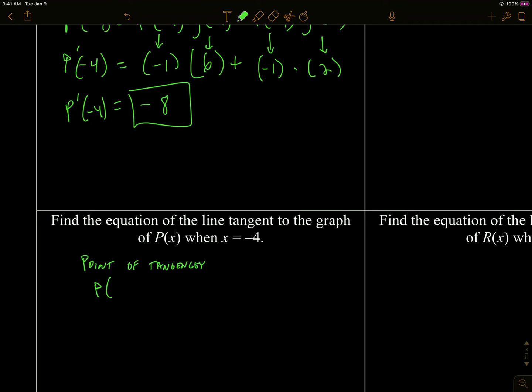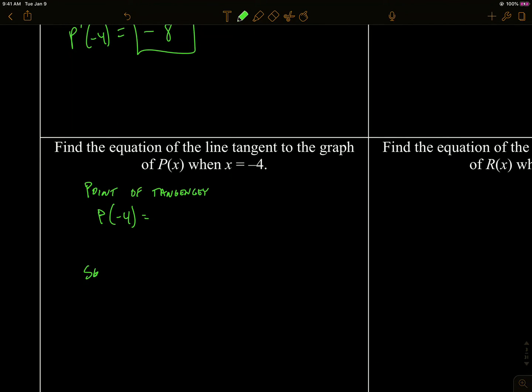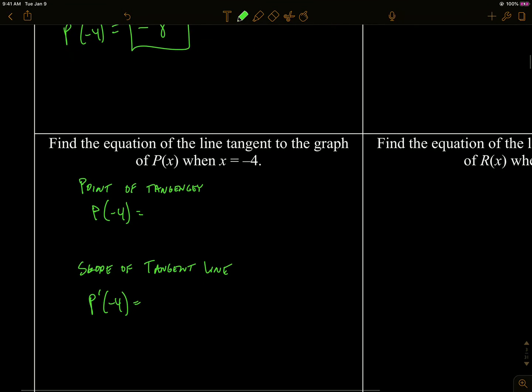And we get that by plugging negative 4 into p. And then we also need the slope of the tangent line. We get that from p prime of negative 4, which we discovered up above was negative 8.